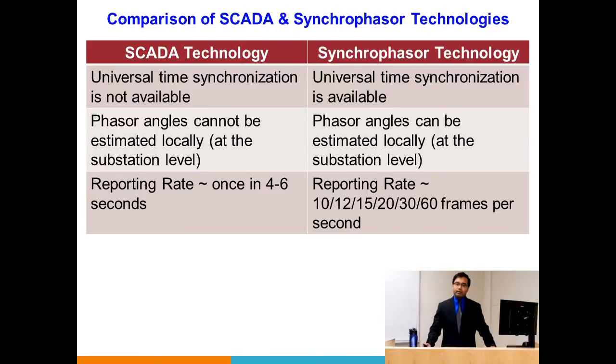However, in synchrophasor technology, because the reference time signal is available, the phasor angles can be estimated locally at the substation level. And lastly, the reporting rate for SCADA is once in 4 to 6 seconds, which is pretty slow compared to the reporting rate of the synchrophasor technology, which can be either 10 frames a second or 12 or 15 or 20 or 30 or even 60 frames per second.